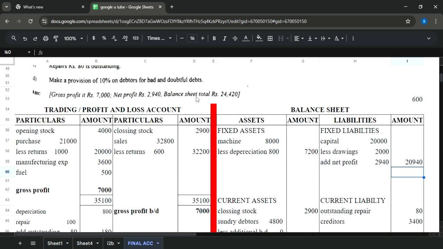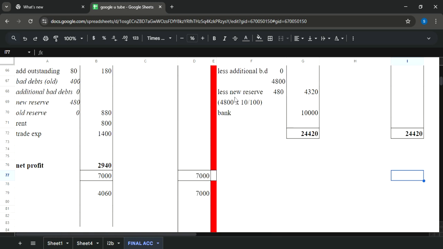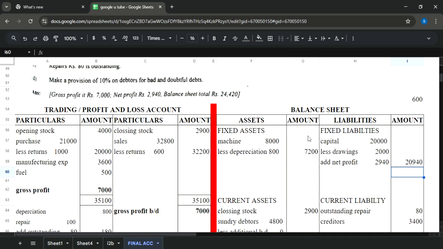The answer of the balance sheet is provided over here, 24420, and the asset side is already completed, 24420. In this way guys, this question has been completed. All three answers are matched.